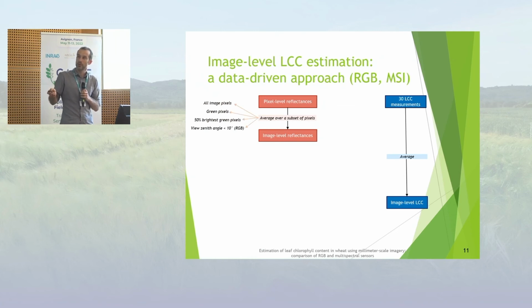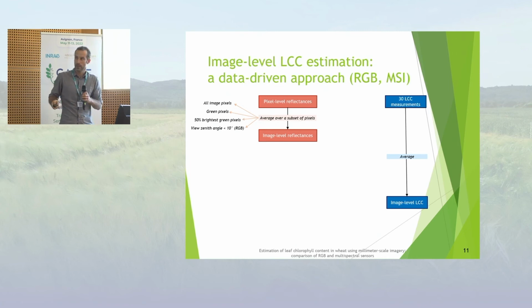First, we average the reflectance over a subset of pixels. This subset can be all image pixels, or only the green pixels, or only the brightest green pixels, which are supposed to be less affected by the canopy structure, or in the case of the RGB camera, which has a very large field of view, we can limit the view zenith angle to 10 degrees to limit the bidirectional effect.